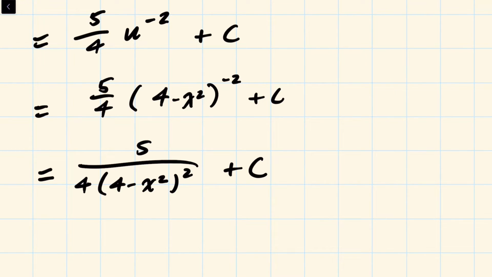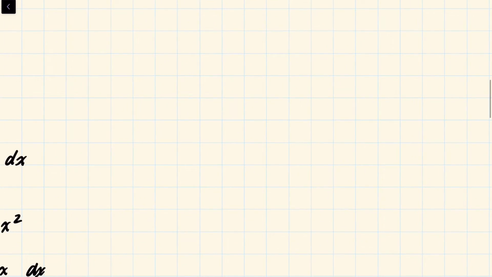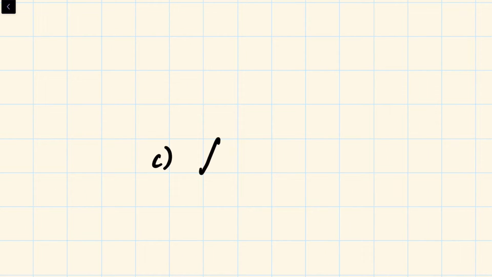So let's do a more challenging one, I suppose you could say. Okay, so C. We're going to have the indefinite integral of 1 over 1 plus root x dx.